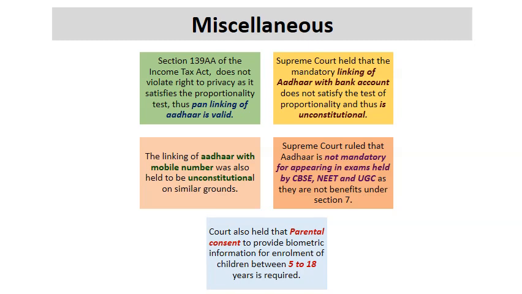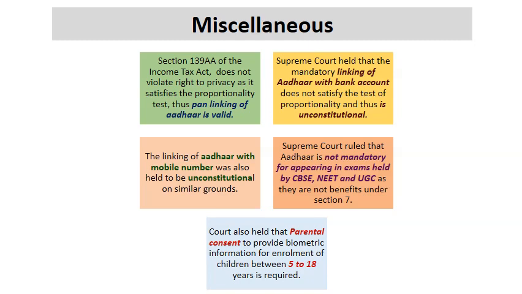Next up, the Supreme Court held that the mandatory linking of Aadhaar with bank accounts does not satisfy the proportionality test because it didn't find a need for it. There was no necessity for this, as well as there was no Act in this regard. Similarly, the linking of Aadhaar with mobile numbers was held to be unconstitutional because it did not satisfy the proportionality test.